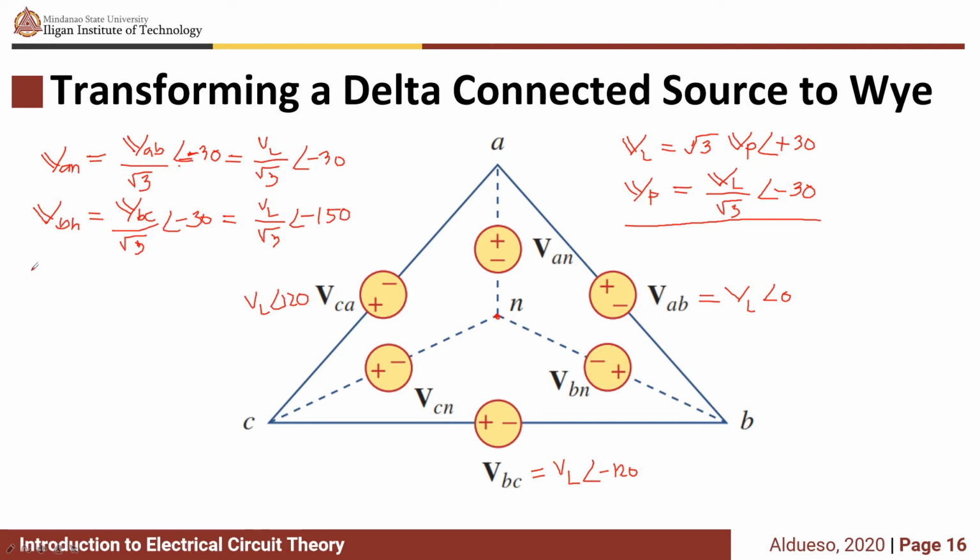And lastly, VCN is equivalent to VCA over square root of 3, subtract the angle by 30. We have VL over square root of 3 angle of 90.